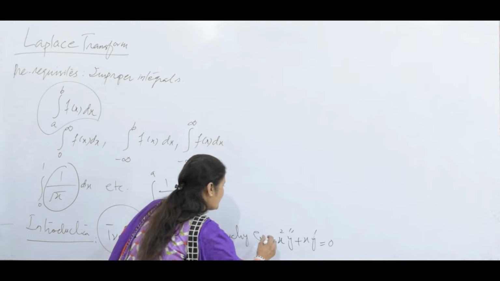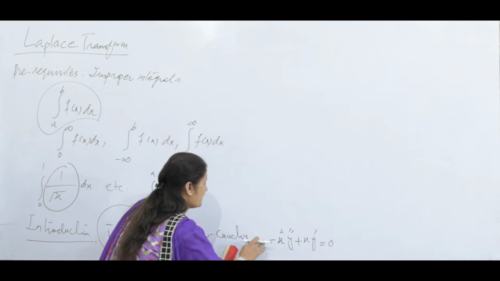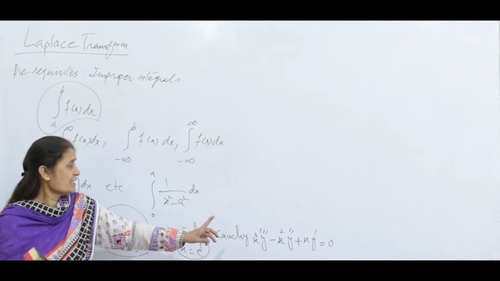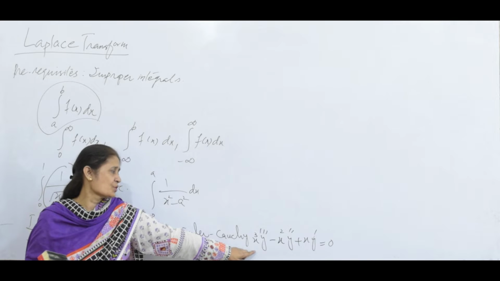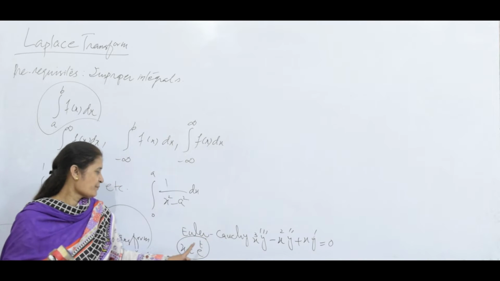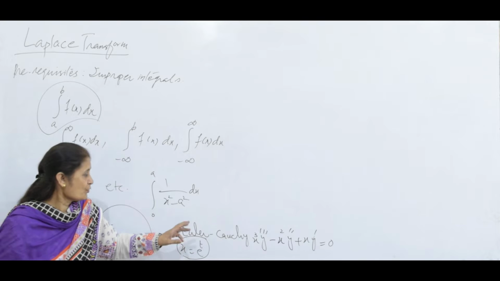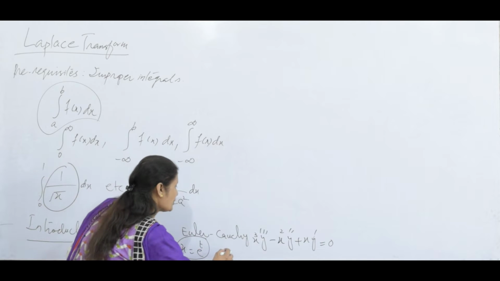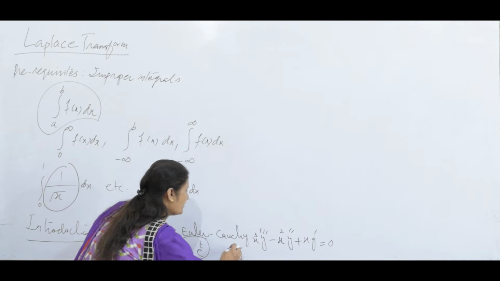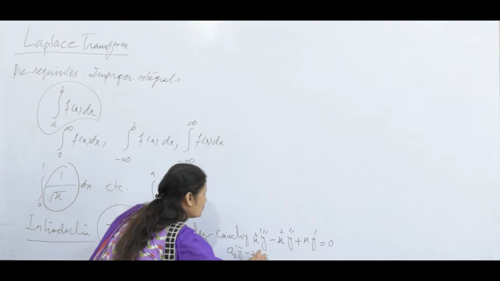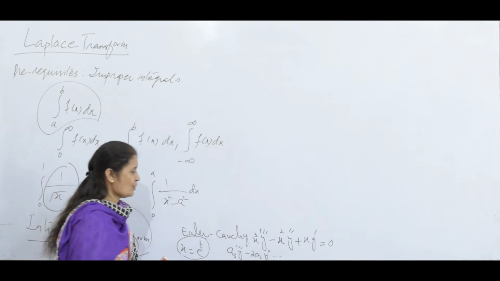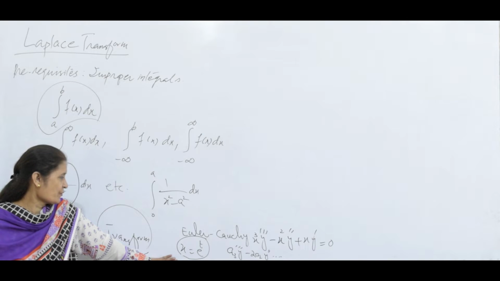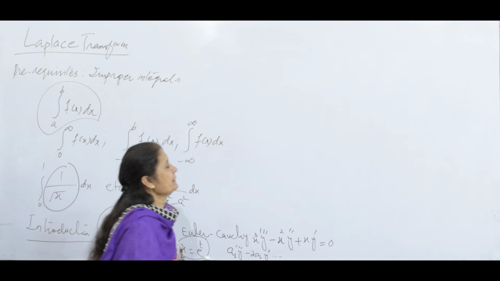If I write one more term, for the triple derivative I have to multiply with x cube, and so on. This is the Euler-Cauchy equation, and we convert it by using this transform. Eventually, using this transform, we convert this equation into one with constant coefficients, such as a cube y triple dash minus 2a2 y double dash, something like that. So the word transform means a device which converts one form into another.